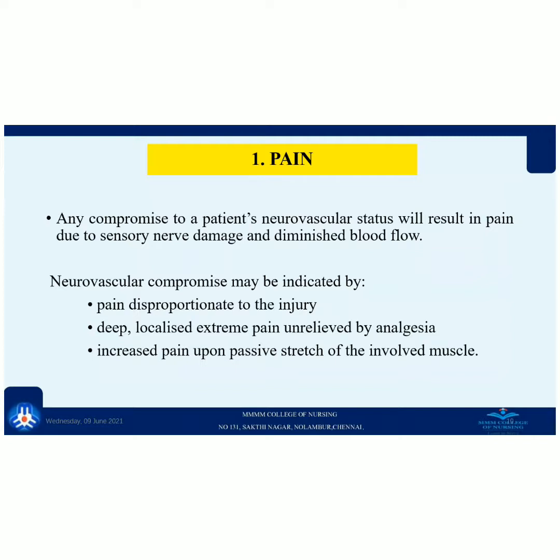This neurovascular damage will be indicated by pain which is disproportionate to the severity or level of the injury. There will be a deep, localized and extreme pain which will be unrelieved by analgesia or pain relieving measures. And the pain will increase upon passive stretch of the involved muscle.